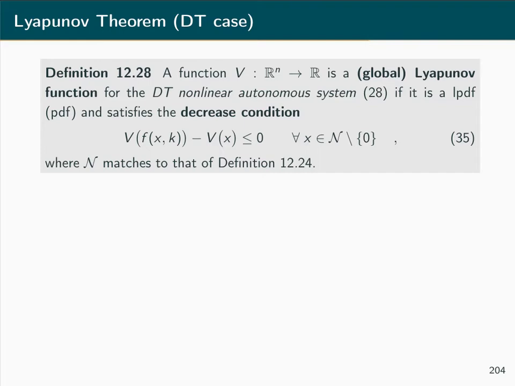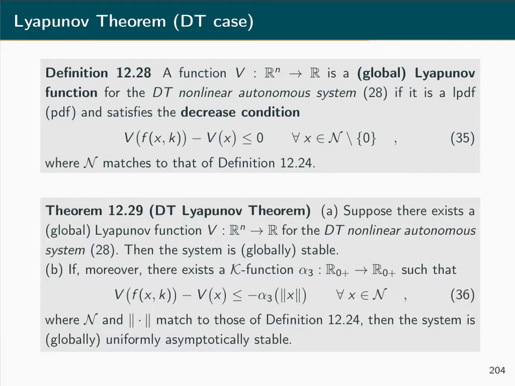Again, V is called a global Lyapunov function if it is a positive definite function and it satisfies the decrease condition for all x in the state space except at the origin, so the neighborhood must be equal to R n.